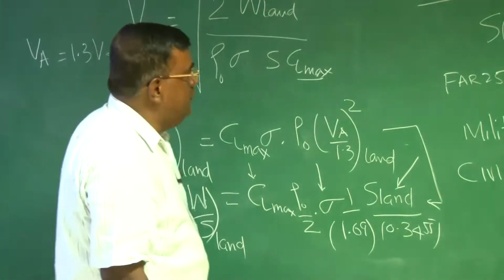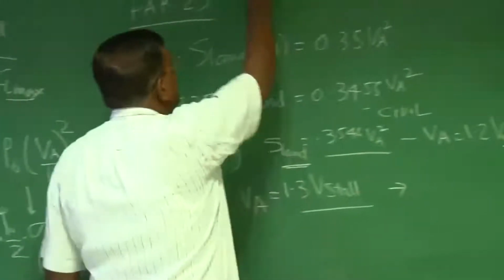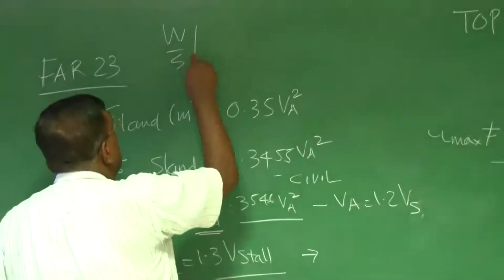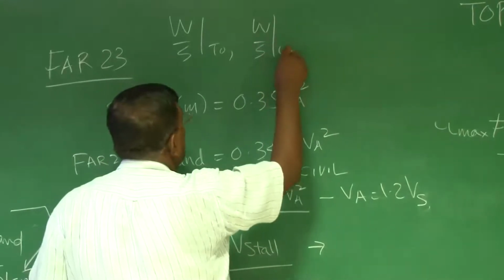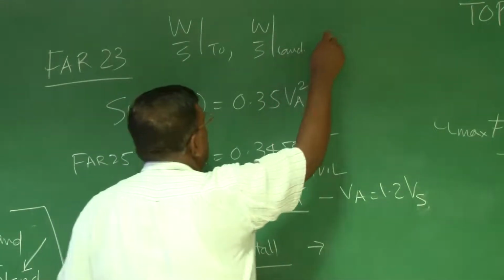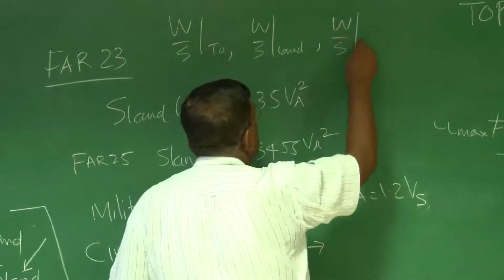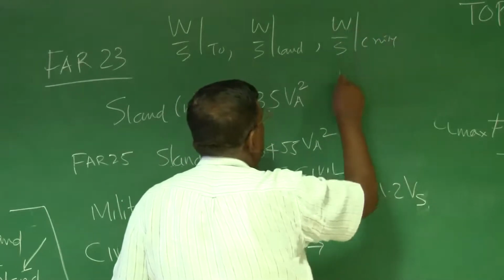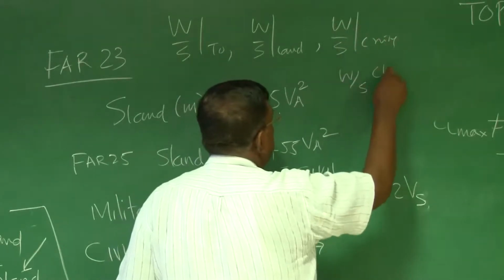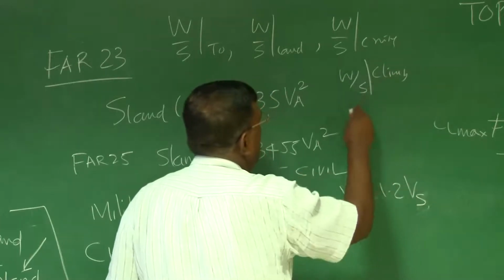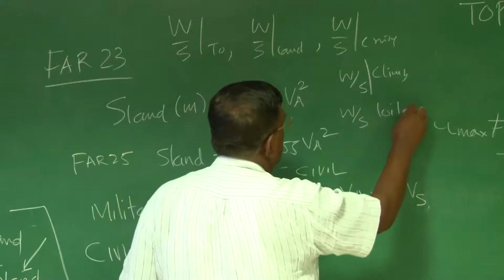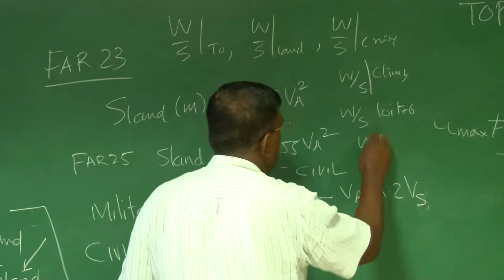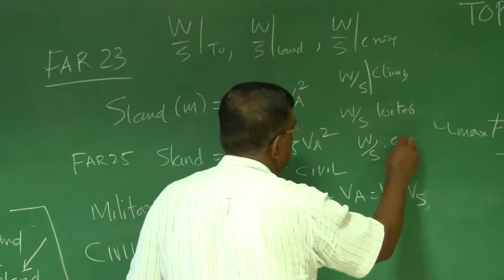So you have W by S for takeoff, W by S for landing, W by S for cruise, climb, loiter, and W by S for acceleration.